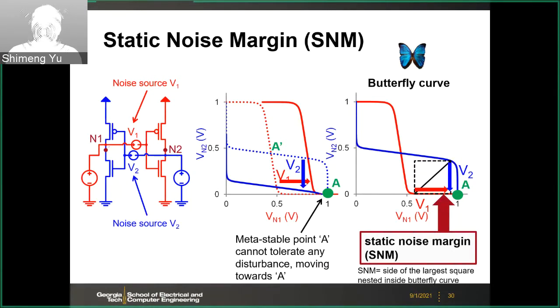So what it does is shift the voltage transfer curve. For example, if you have V1 attached to N1, then the Vn1 voltage will be increased by this V1. So basically you will shift the red curve towards the right. And similarly, the V2 will shift the blue curve down. And eventually, if this voltage, V1 or V2, is not enough, then you will only have one stable point.